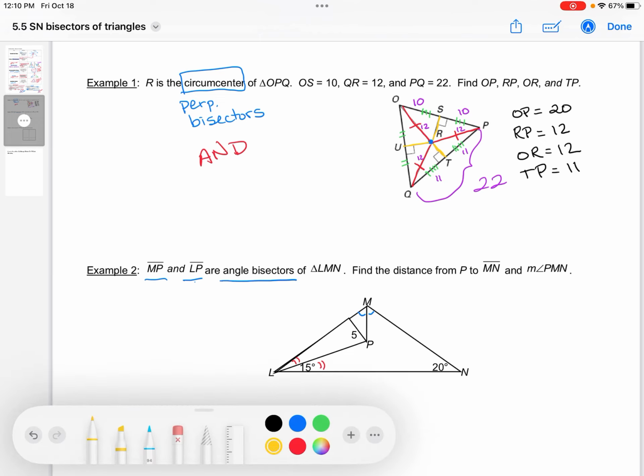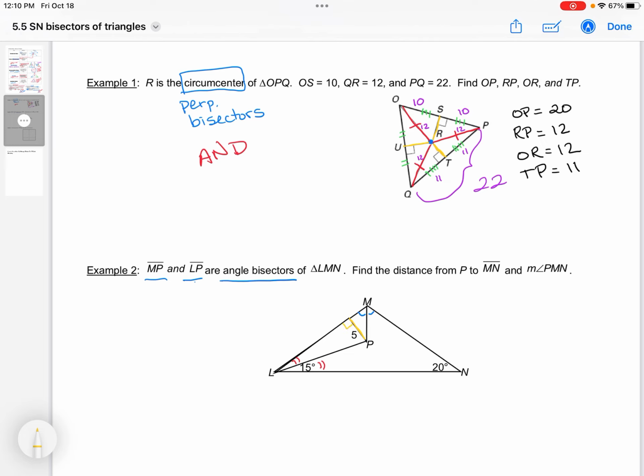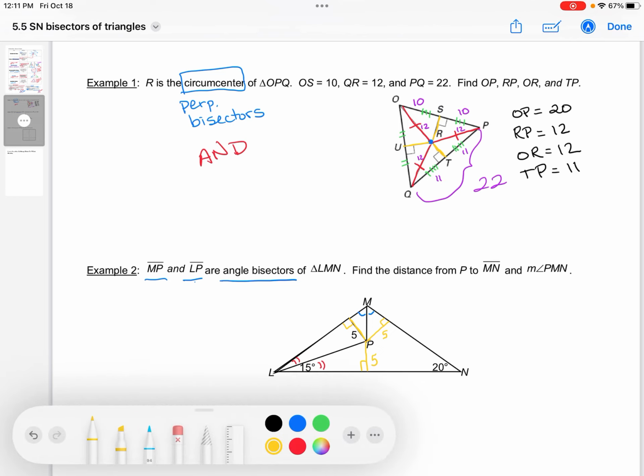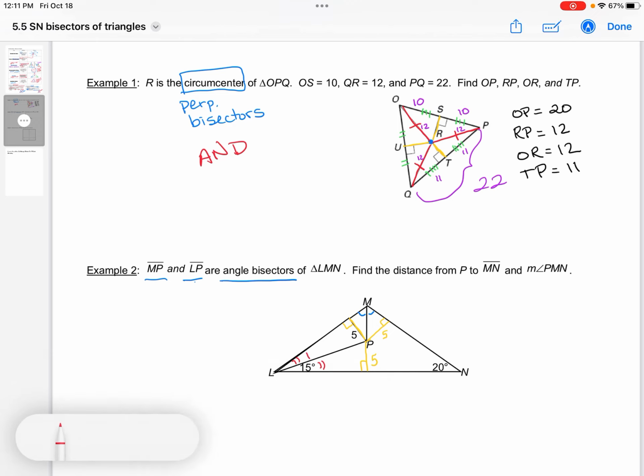And this line is 5, which means if there's a line here, it's going to be 5, and a line here, that's going to be 5. All these guys are 5, because all the lines that go the shortest distance to the side are going to be 5. This angle is 15, because those angles are equal to each other.